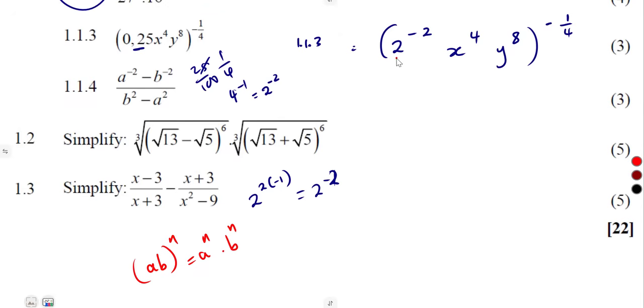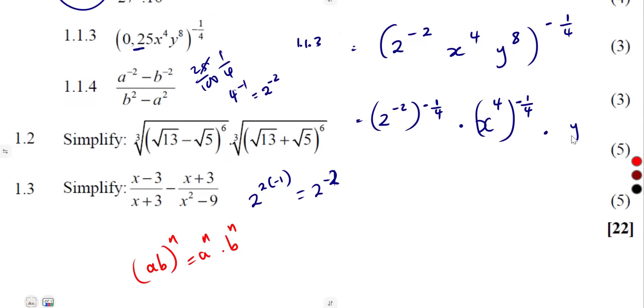So this is 2 to the exponent of minus 2, raised to the exponent of what? Minus 1 over 4. X to the exponent of 4 to the exponent of what?